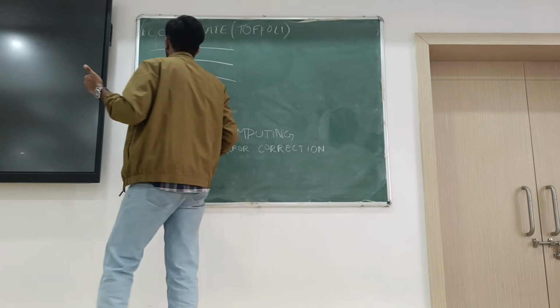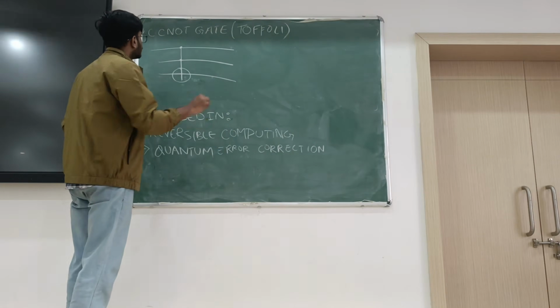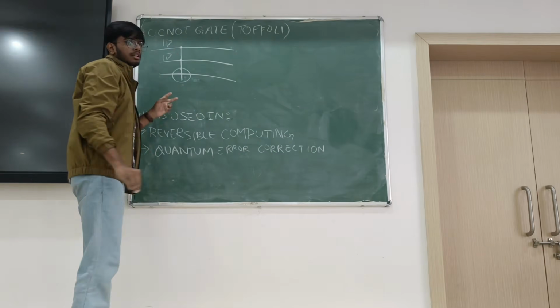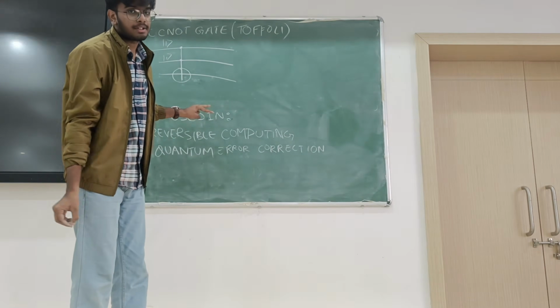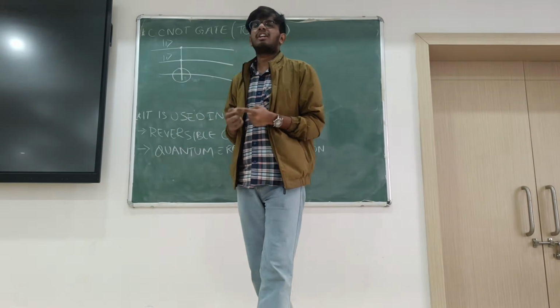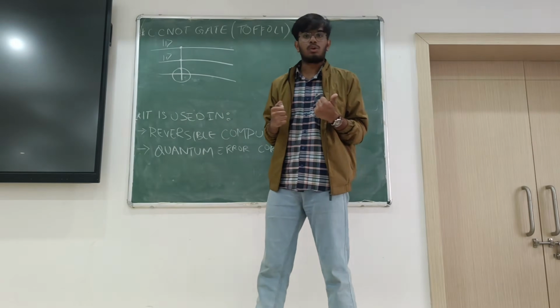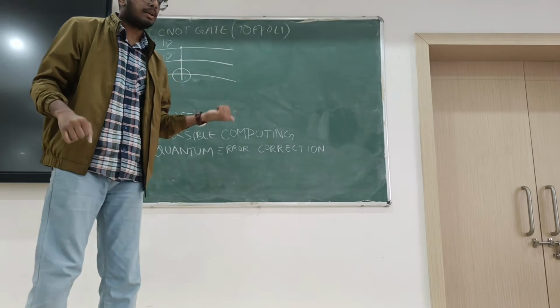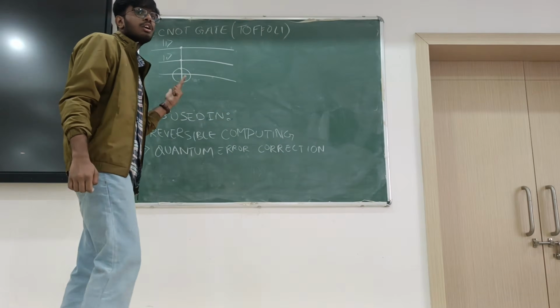Whenever the input in both of the control bits is 1 qubit, then the target bit is flipped. Or else, if none of them or either of them is a 0 qubit, then the target bit is not flipped. This is the speciality of this gate.